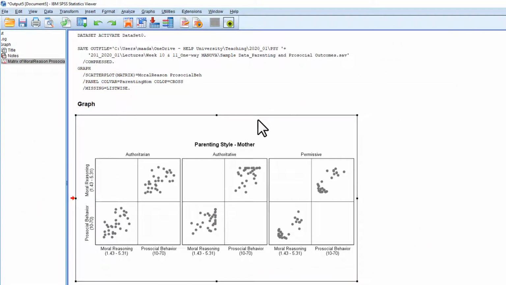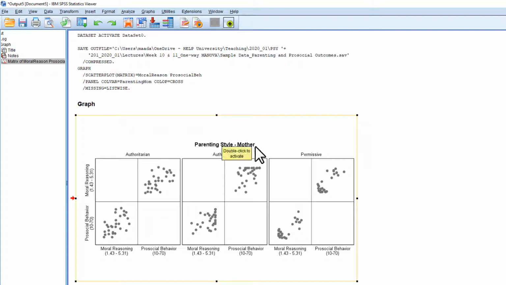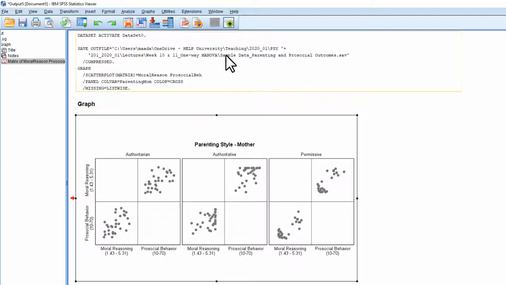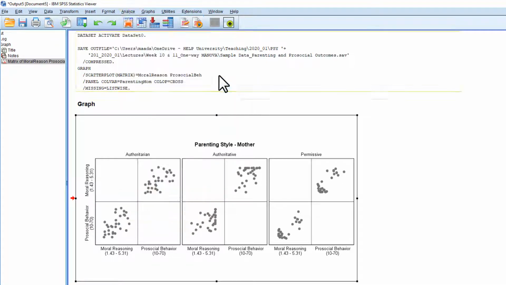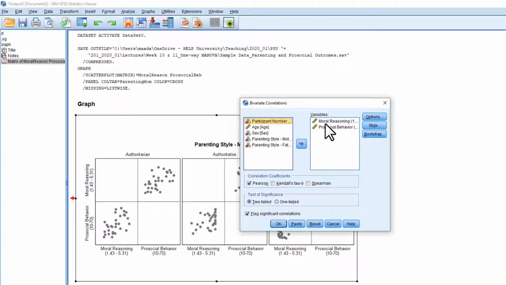Now, to check if the dependent variables are moderately correlated, we need to run bivariate correlation using Pearson's R. To do this, we go to Analyze, Correlate, Bivariate. And then we choose our two dependent variables and place them under the variables box.